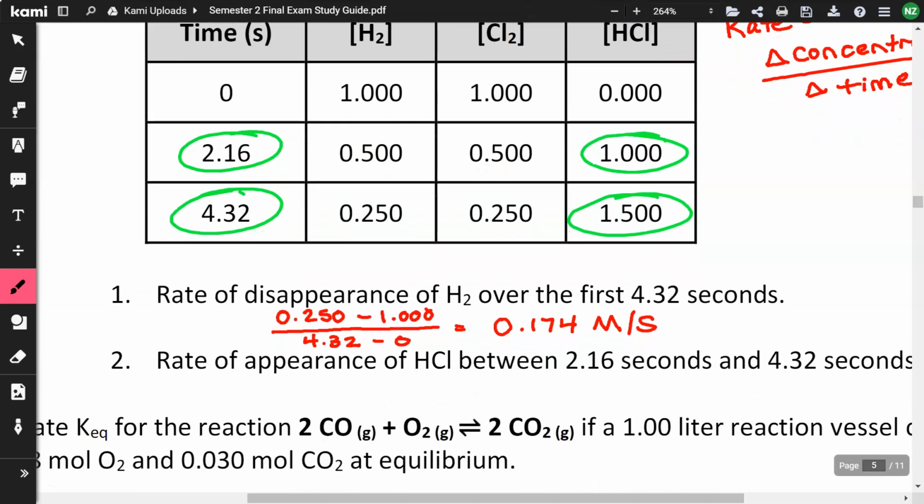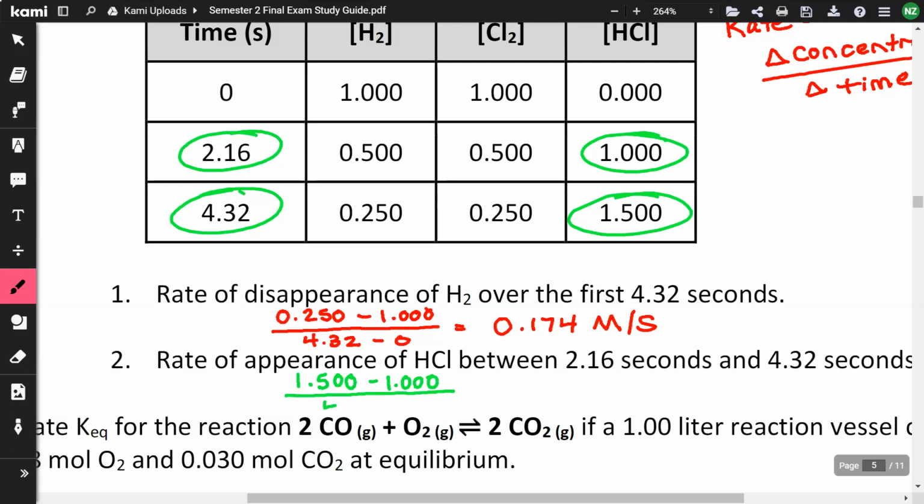Those are going to be the points that we use. Again, change in concentration over change in time. You get an answer of 0.231 molarity per second.